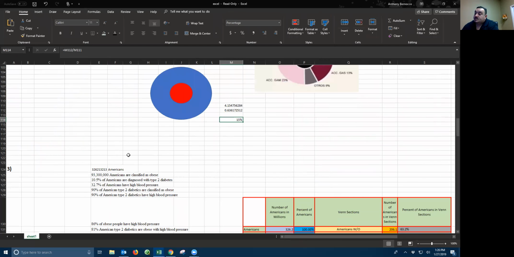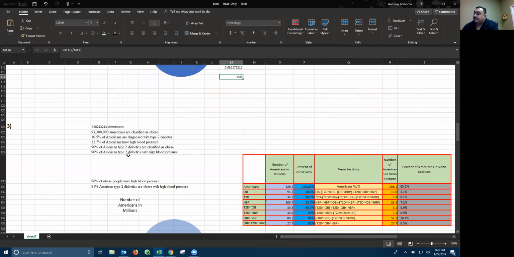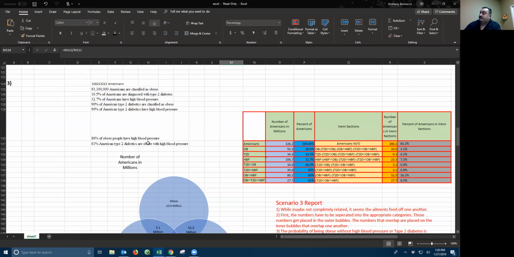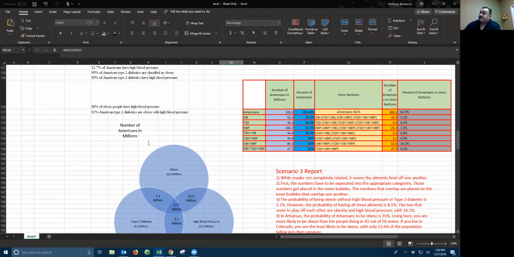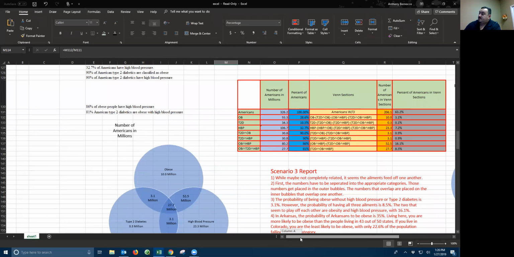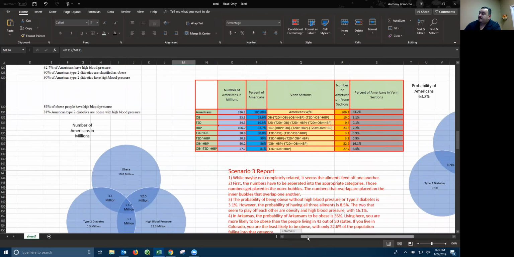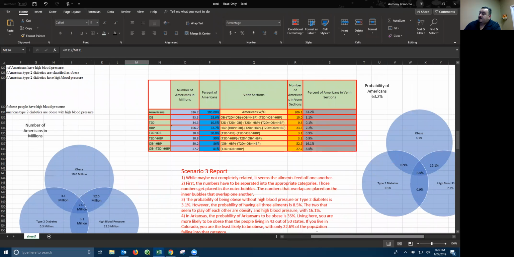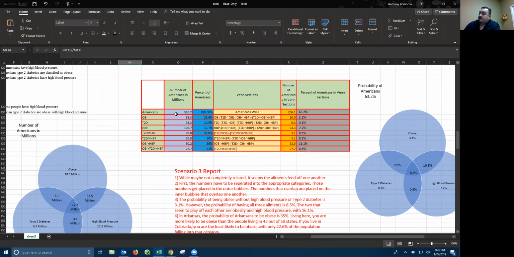Scooting along to scenario 3, we have our Venn diagram with our table, with our numbers of Americans in millions, and we have our total number of Americans here.